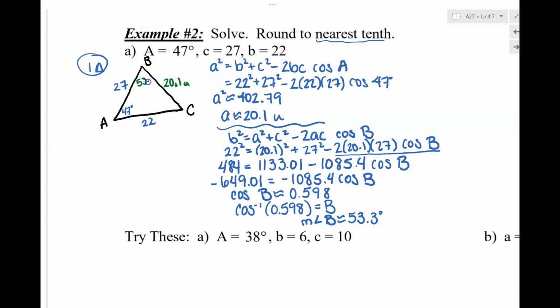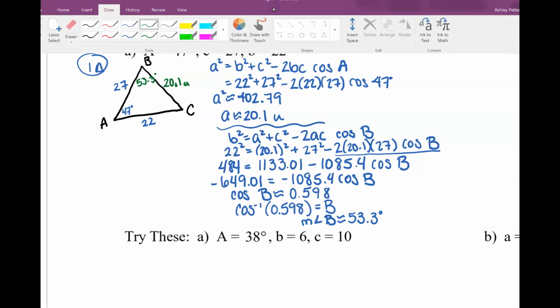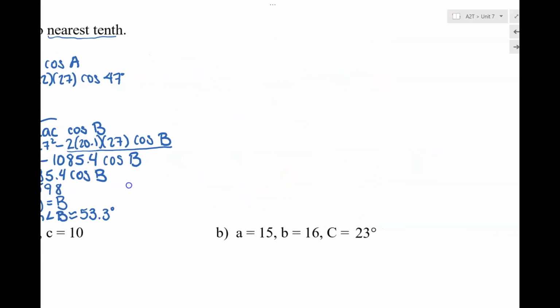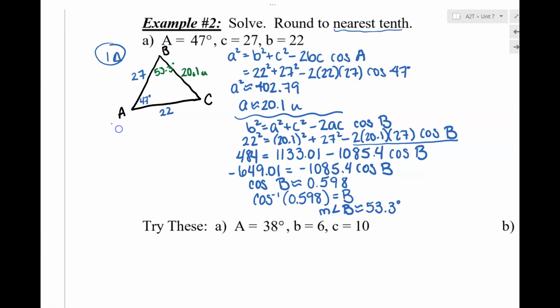So this is 53.3 degrees. To solve for angle C, I'm going to take 180 degrees, because we know that three angles in a triangle add up to 180. So the measure of angle C, do I have room over here? I do. Let's do it over there.